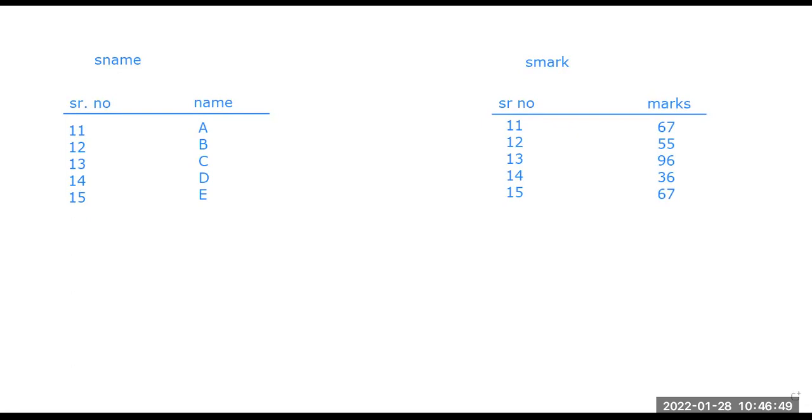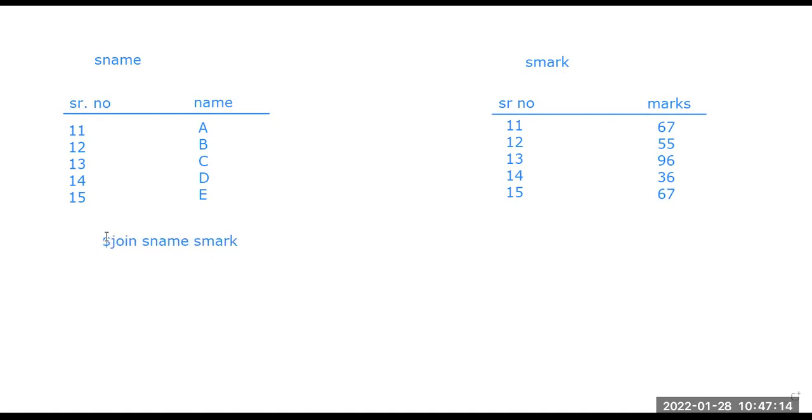Suppose we want to join these two tables, S name and S mark. How can we do that? The simple shell command we can use here is dollar join S name S mark.